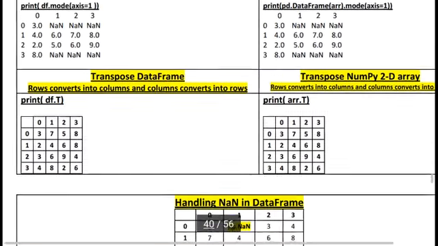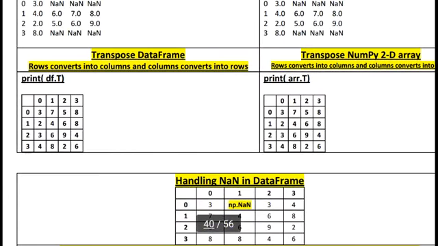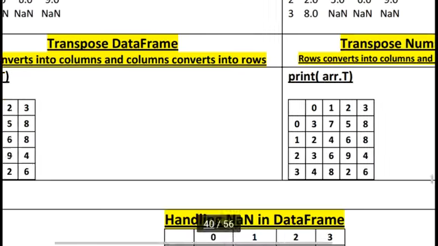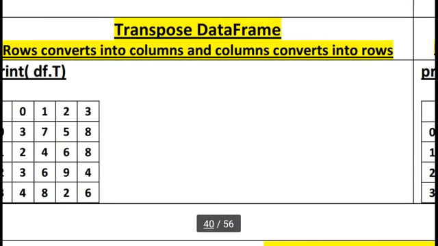Okay, here I am taking a new thing, transpose. Transpose means rows convert into columns and columns convert into rows. It is a very simple thing. In a data frame we simply use df.T with capital T. We can also use the transpose method, df.transpose() with empty brackets.